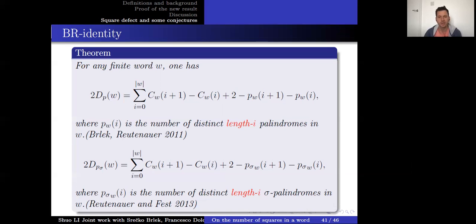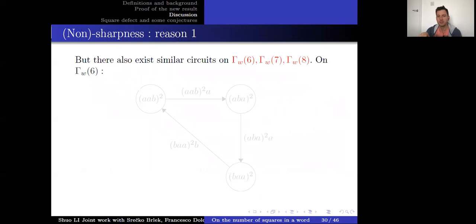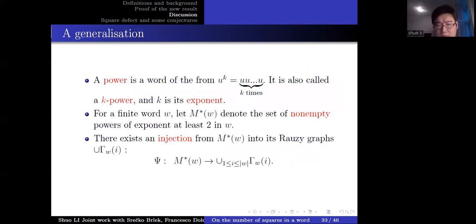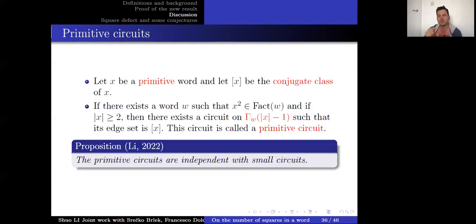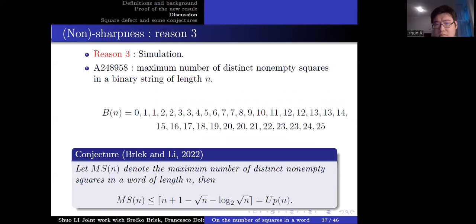And the trick is, if you're looking at the sequence, the OEIS sequence that you gave, Shuo, the idea is that at some point the numbers actually repeat themselves. So basically, if you increase the length by 1, the number of squares will not change. And I think if you do that 3 times in a row, around 33, what you can do is actually erase the last 3 letters and just add a CC at the end.